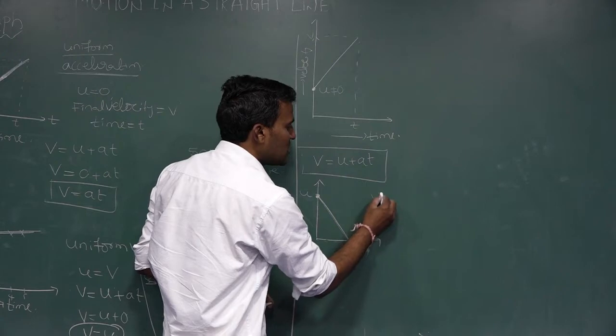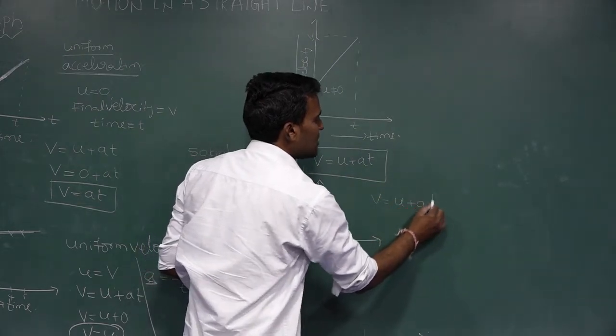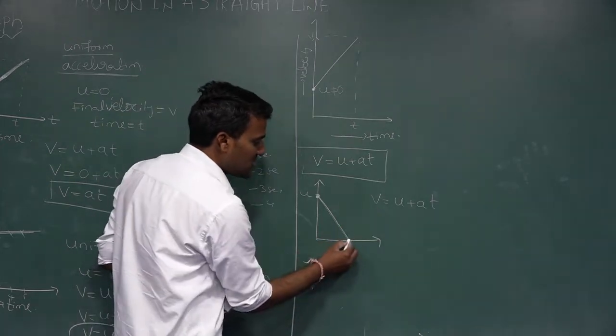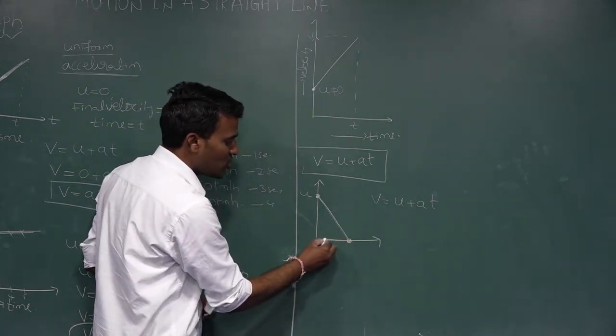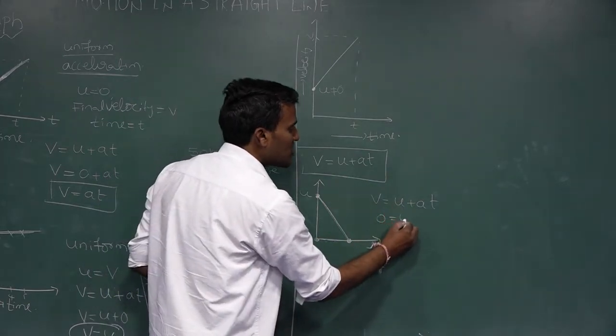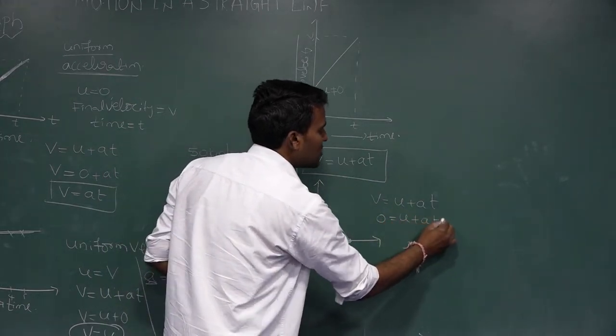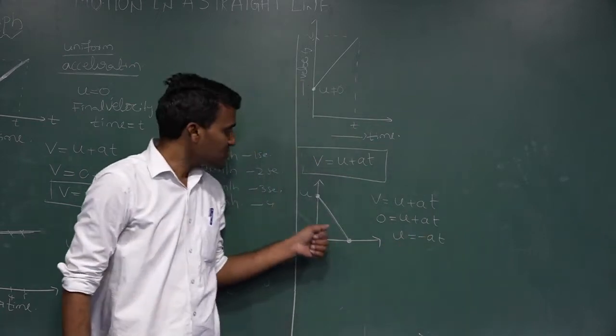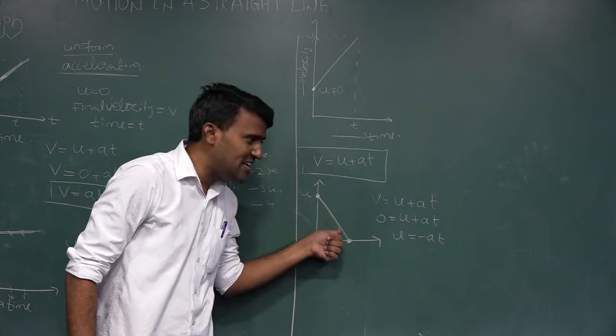We know the equation v equals u plus at. Here the final velocity, the final position along the y-axis, is nothing but 0. And initial velocity u plus at, you can write u is equal to minus at. See here, velocity is gradually decreasing.